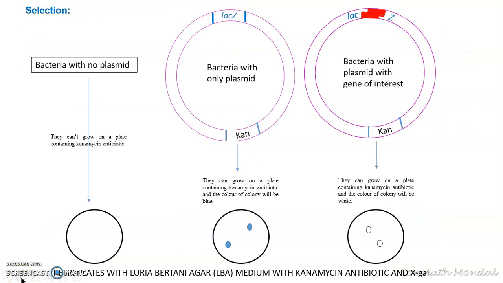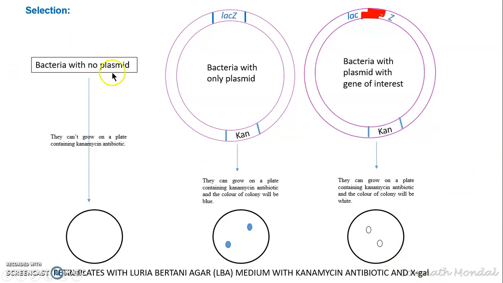For that, culture medium is prepared with Luria Bertani agar or LBA medium with kanamycin antibiotic, for example, and another substrate, that is X-gal, on which the bacteria will survive.